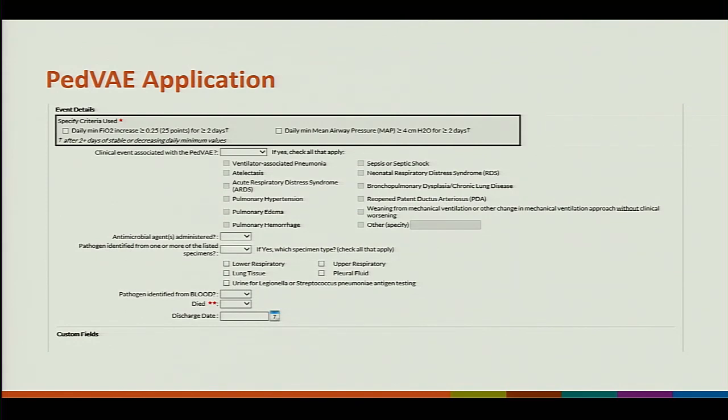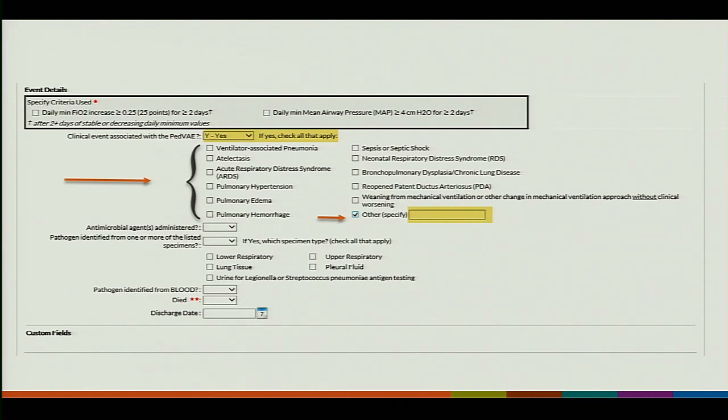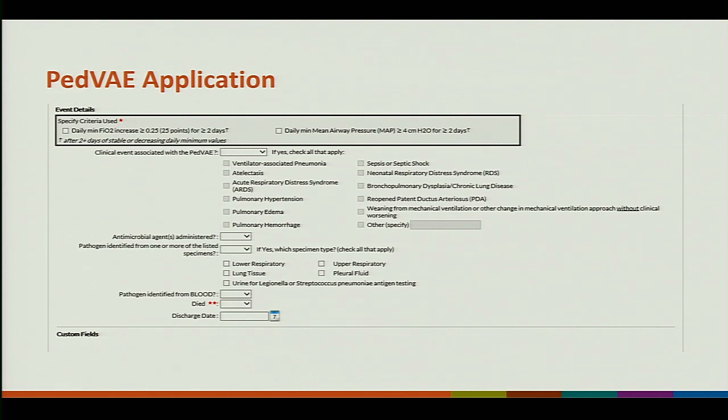So on the optional fields, we have several questions that in the application will expand depending on your answer. So if you look back, you cannot answer, they're grayed out. It's a little hard to tell, but the ventilator-associated pneumonia, atelectasis, those conditions are grayed out.